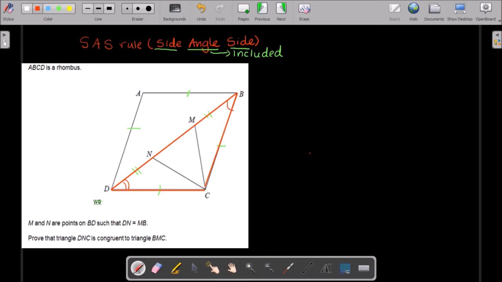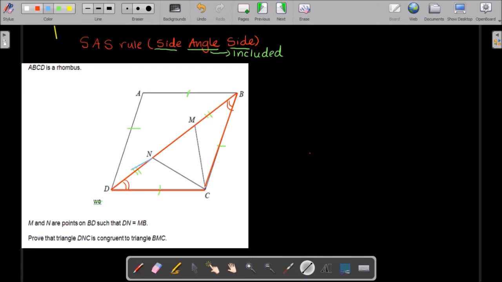So you have this angle equal to this angle, because they are base angles of an isosceles triangle, and base angles of an isosceles triangle are equal.